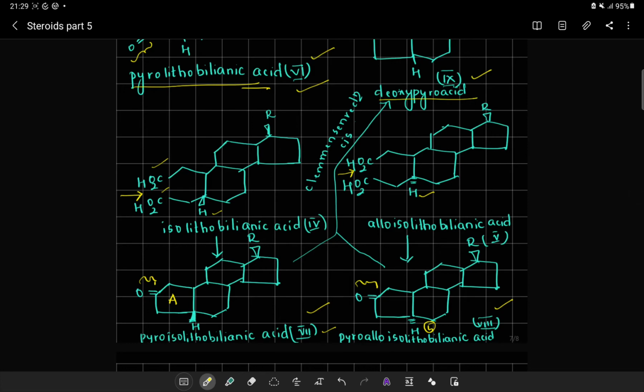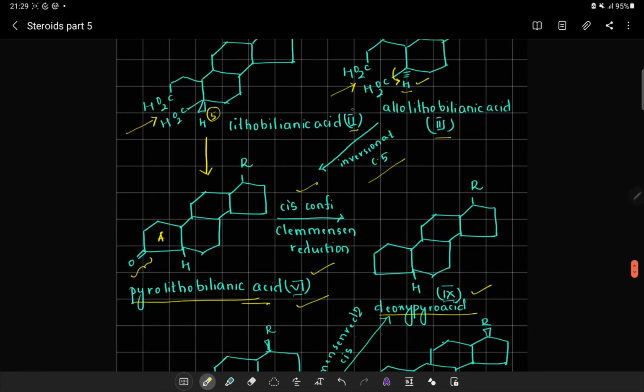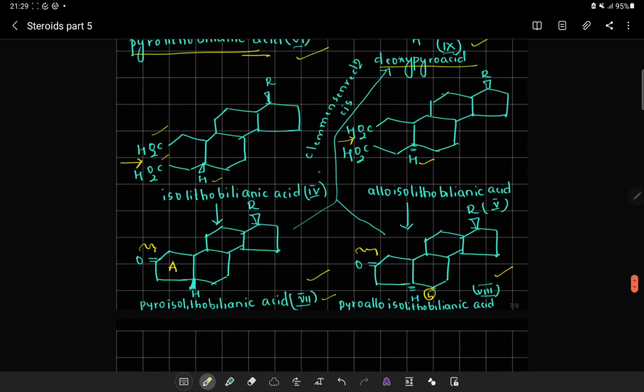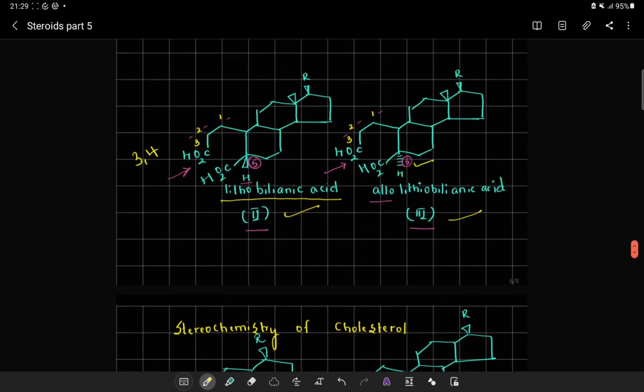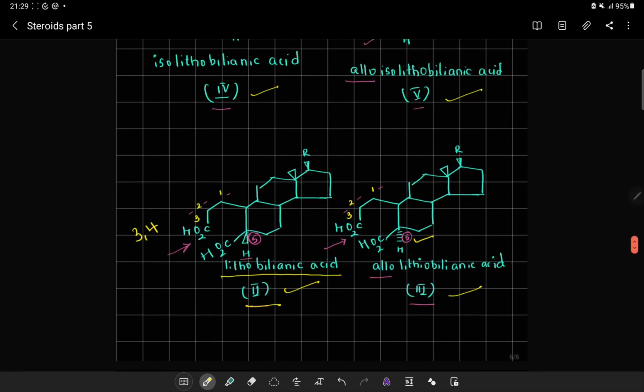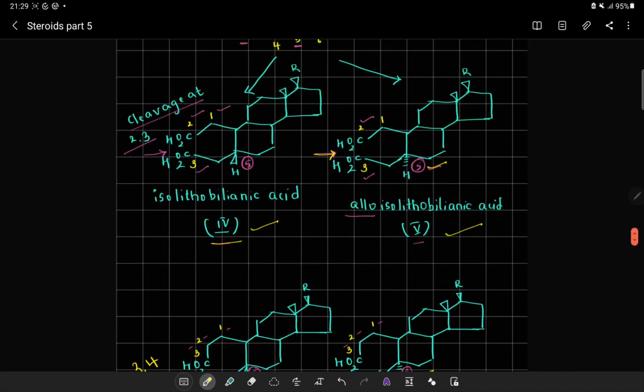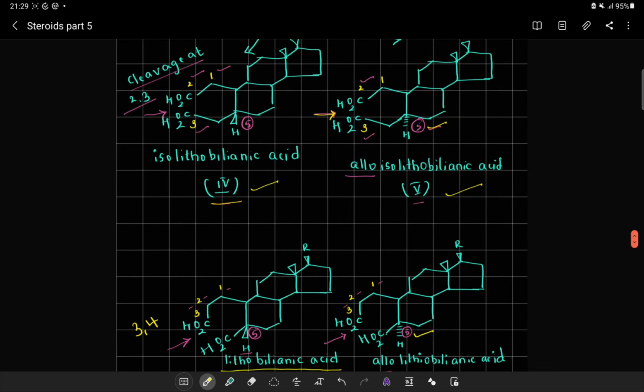Next conclusion is, as isolithobilyanic acid, compound number 2, and lithobilyanic acid, compound number 4. Now we can observe here, lithobilyanic acid, that is compound number 2, and compound number 4, that is isolithobilyanic acid, can be prepared from a natural bile acid called lithocholic acid.